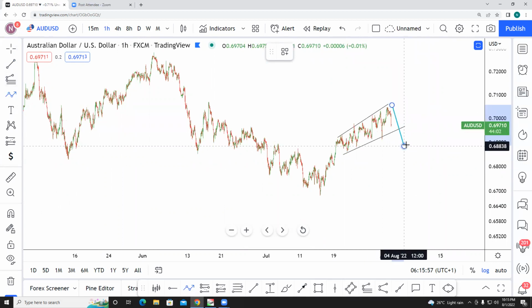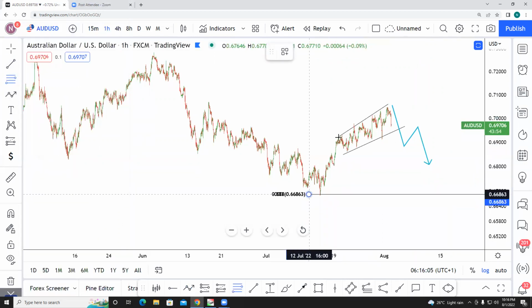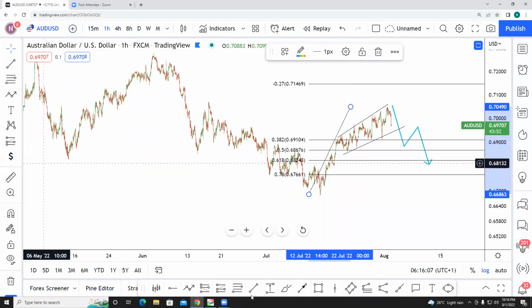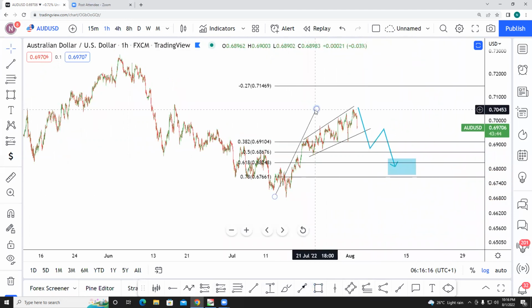So we're going to have 1, 2, and 3. Once this three-wave structure ends at 50 to 61.8 here, if we end here, guys, then forget about the wave to the downside. It's not going to happen.